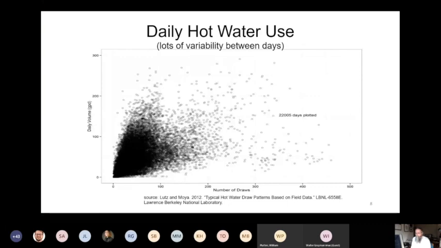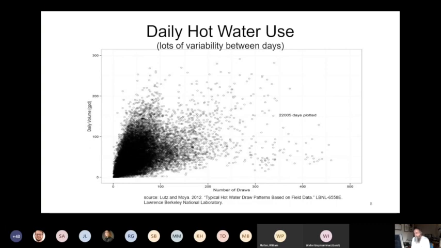This is from a meta study that I did about 8-10 years ago, where I collected hot water draw pattern data, field data from lots of studies. So this is number of draws per day by the total daily volume of hot water.